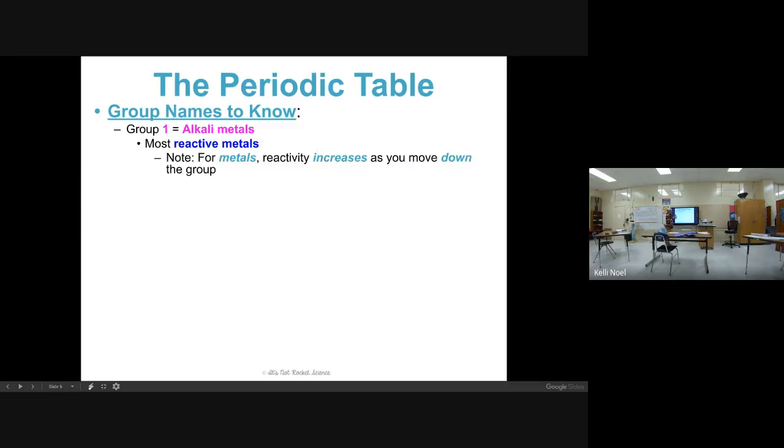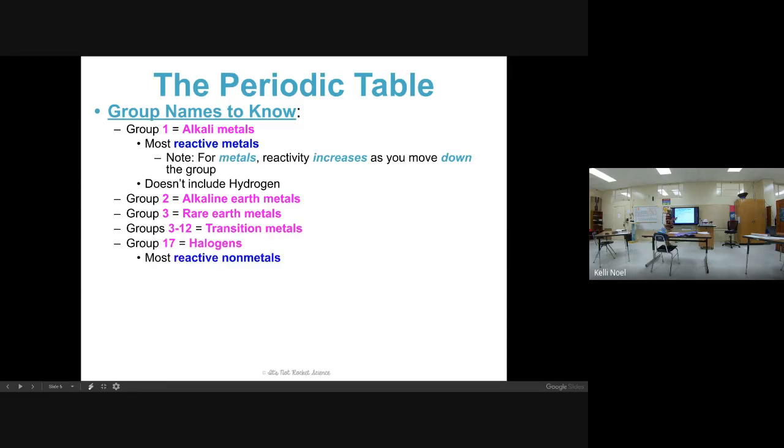And then some of these have names. So if you have your periodic table, I'm going to say some names, you can label them. 1A is called the alkali metals. So if on your periodic table you wanted to label that first column that starts with hydrogen, and it has 1A, it would be alkali metals.